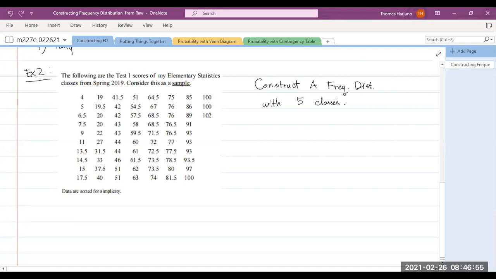Construct a frequency distribution with 5 classes.